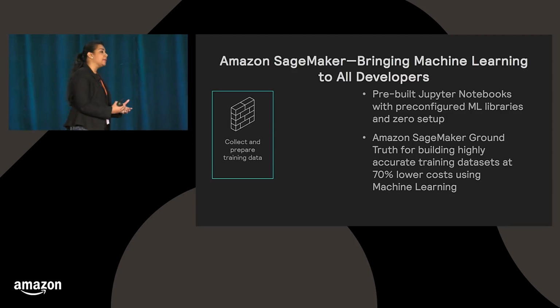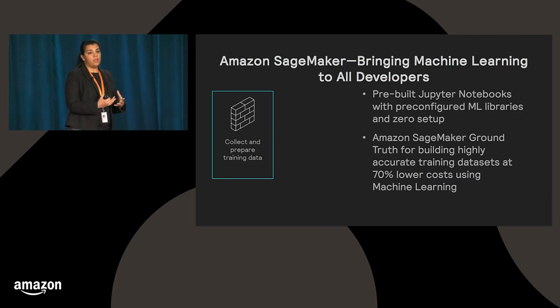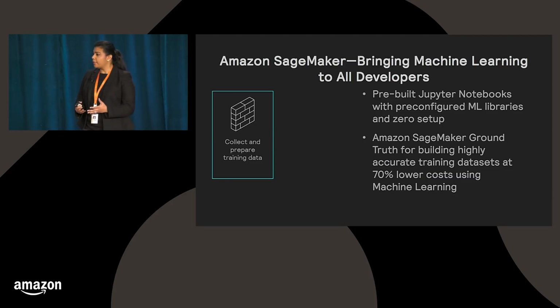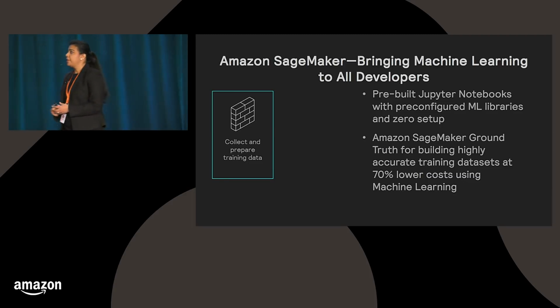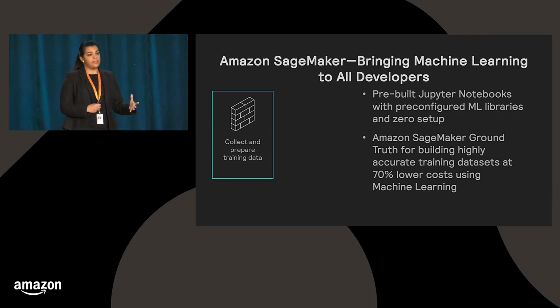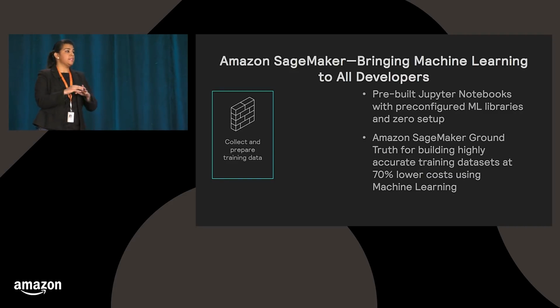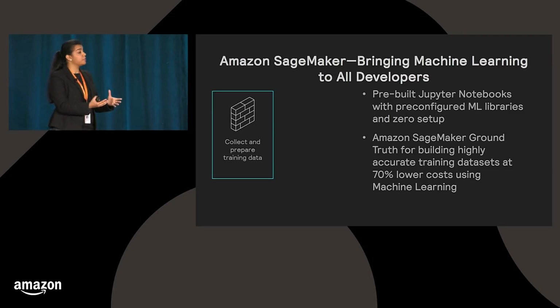So you don't have any setup or environments that you need to create when you want to use machine learning and get started quickly. You can also integrate your Jupyter notebooks with public or private code repositories so you can easily collaborate with your team members. And you can also set up lifecycle configurations around them. So whether you're a single data scientist using notebooks or you're a team of hundreds of data scientists using notebooks, you can make sure that your environments are always consistent with your organization's policies.